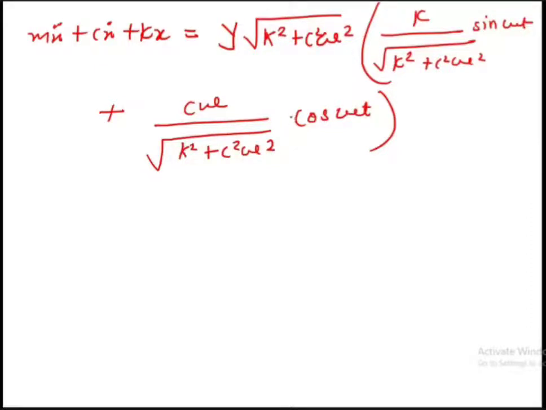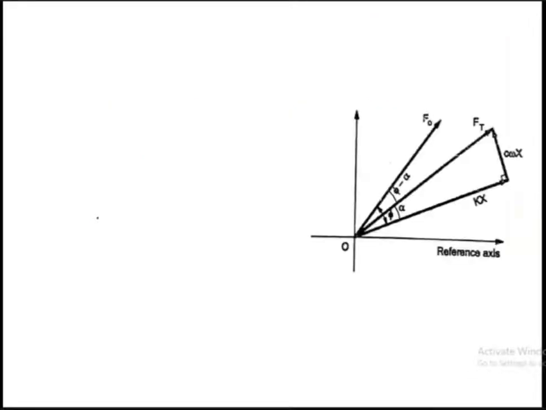Now this I can write from the vector diagram, which we have already studied. From this vector diagram, you know that this is the displacement vector, and this is the transmitted force vector. The angle between the displacement vector and the transmitted force vector is alpha.